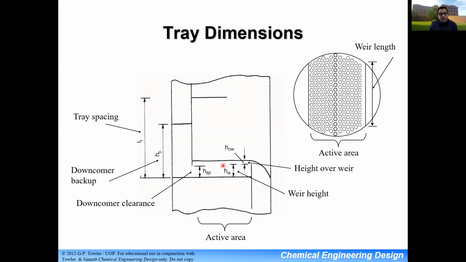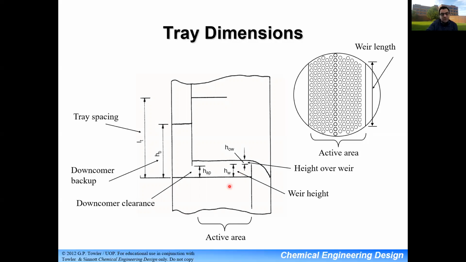Your downcomer clearance, which is the distance allowed for the liquid to enter the next tray. And then you have your weir height. So if you ever hear weir height, weir length, downcomer, this is what it refers to.